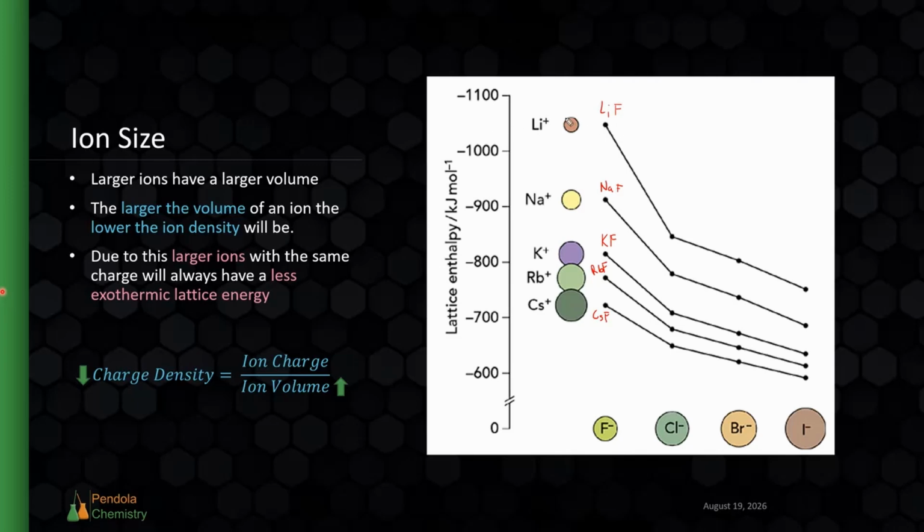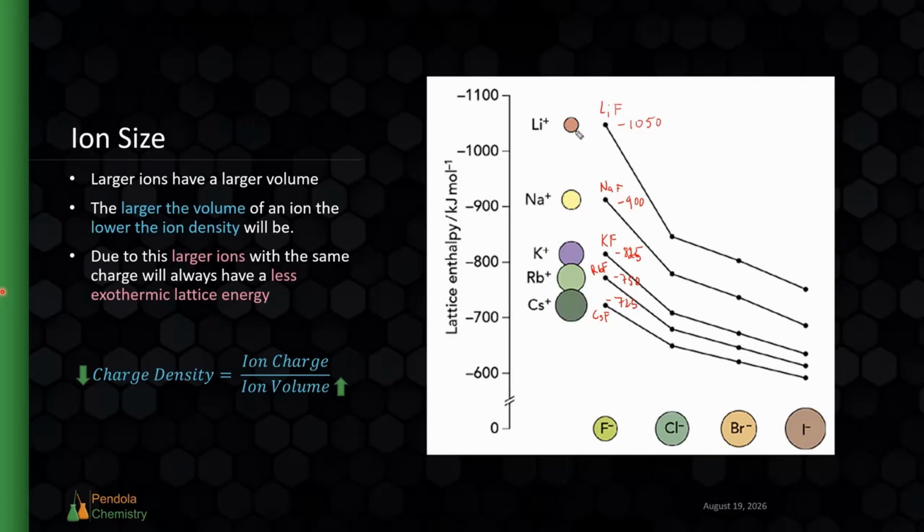Here we have around, we'll call this negative 1050, so very exothermic. This was around negative 900, less exothermic. This was around negative 825, even less exothermic. Rubidium, which is even bigger than potassium, we have it around negative 750. And then cesium fluoride is around negative 725.